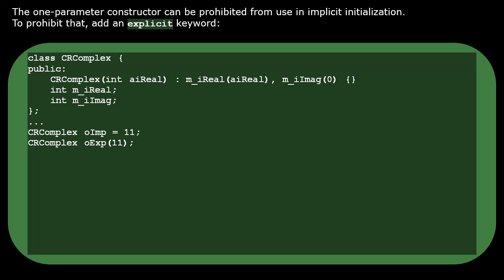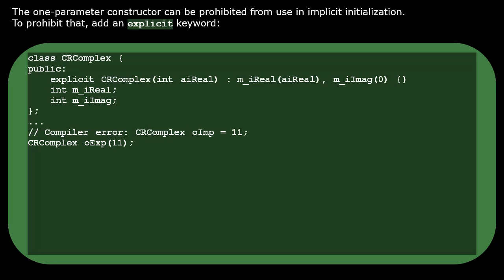If you program the single parameter constructor with the explicit keyword, then the compiler will prevent you from using it in an implicit initialization syntax.